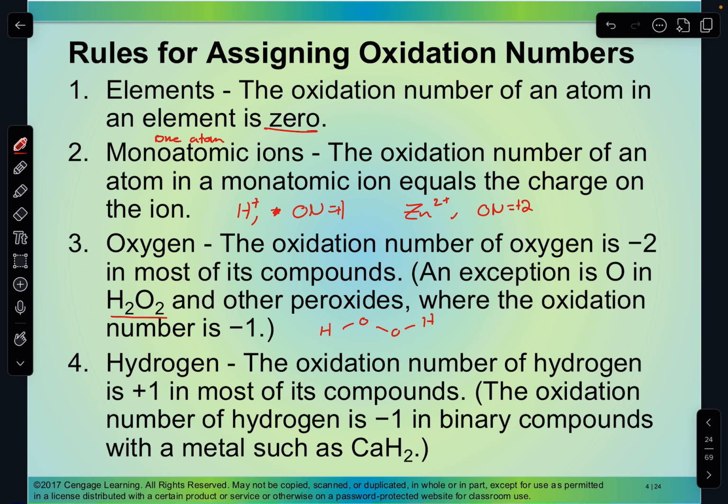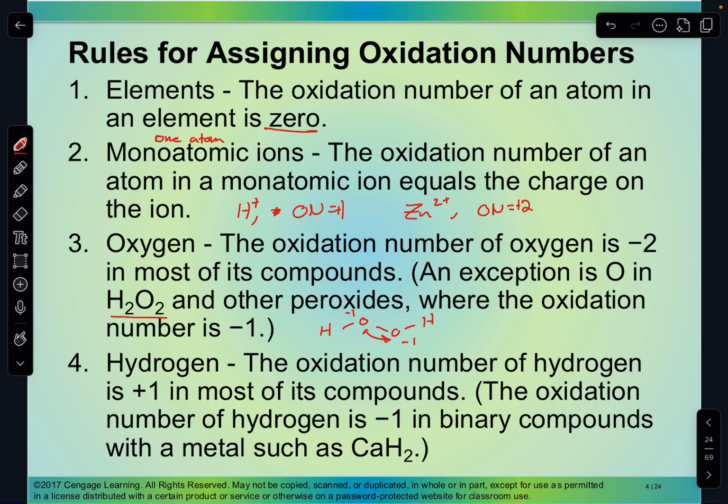Since you have two atoms bound to each other, that is going to negate one of the oxidation numbers. And so each of these is going to have a -1 charge, when it normally would have a -2 charge, but since they are bound together, then there's no difference in charge, and so we can just say it's -1 for both.